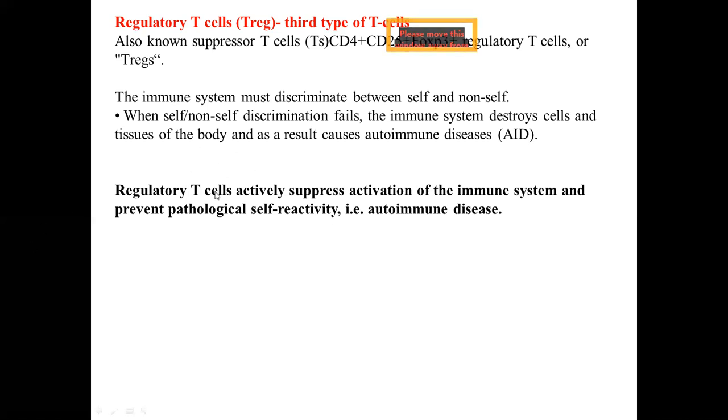These regulatory T cells suppress the activation of the immune system against self cells, thereby preventing autoimmune diseases. So regulatory cells play a major role in suppressing the immune system that is reacting against its own cells.